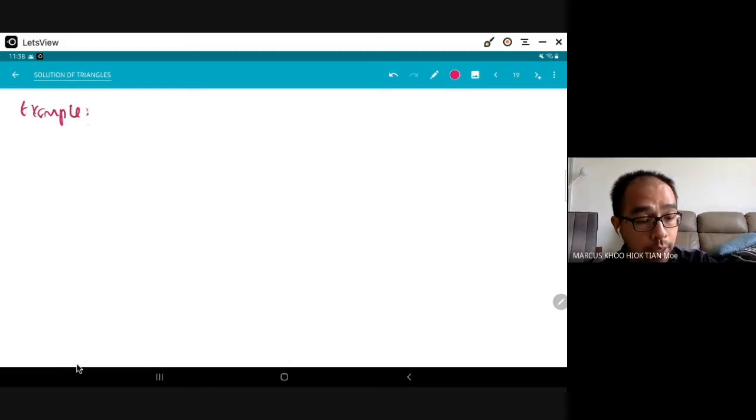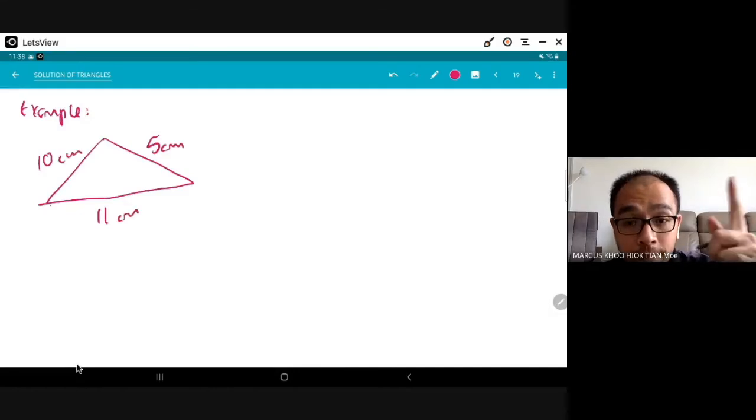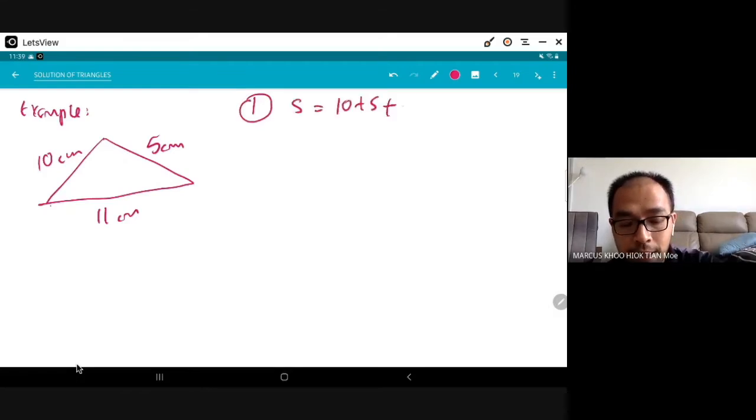So in this triangle, I have 10, 11, and 5 cm. Step number 1, calculate the semi-perimeter. So the semi-perimeter S equals 10 plus 5 plus 11 divided by 2. So 10 plus 5 plus 11 divided by 2, you get 13.